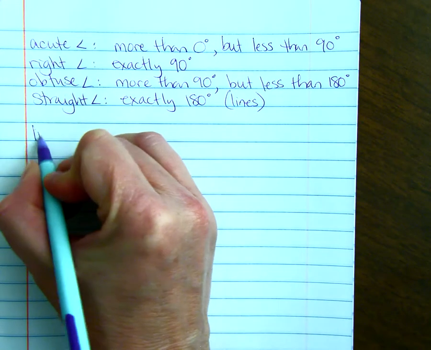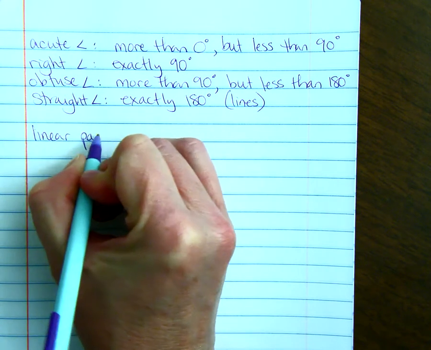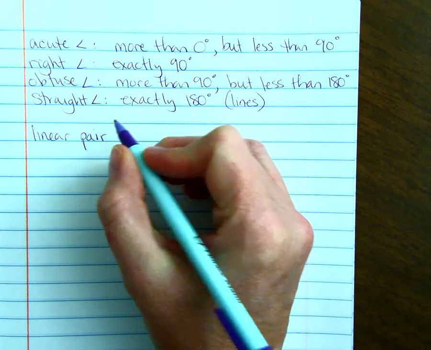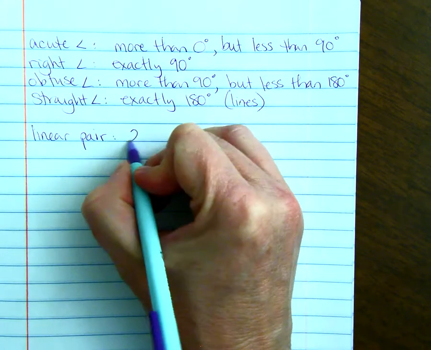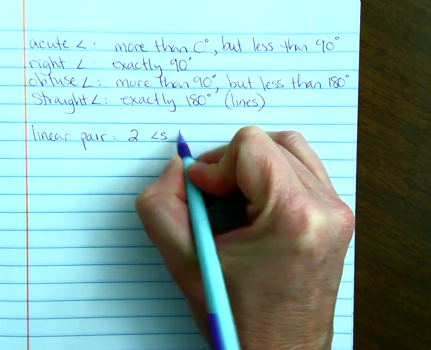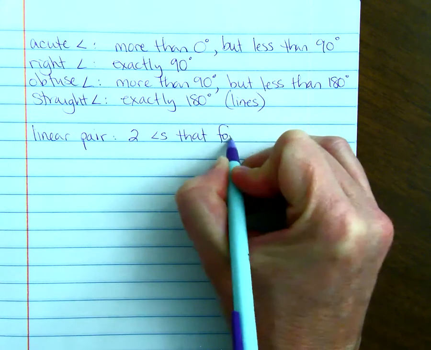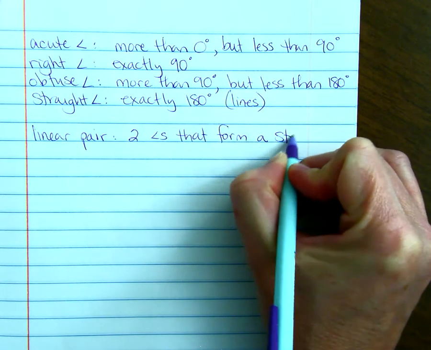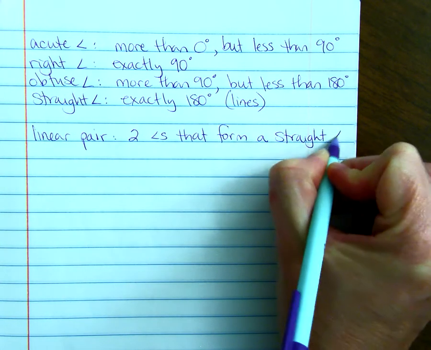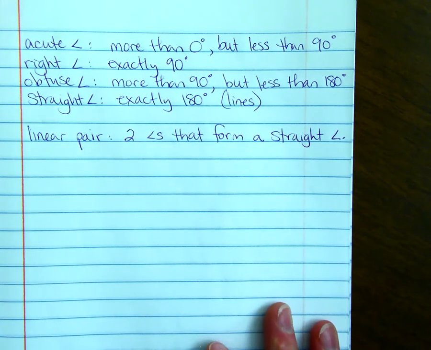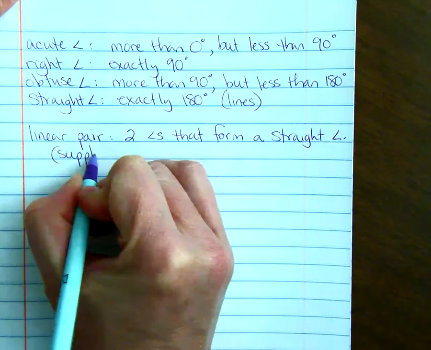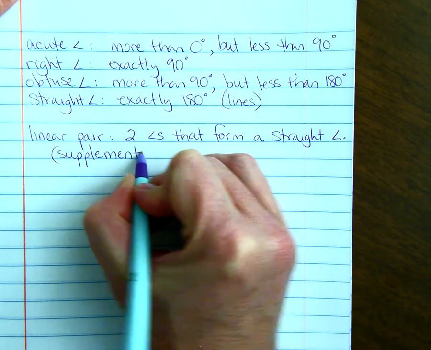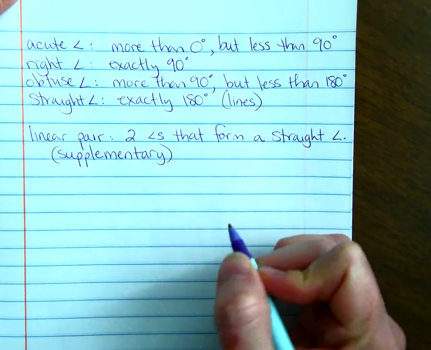A linear pair are two angles forming a straight angle. Those two angles are also called supplementary because together they add to 180 degrees.